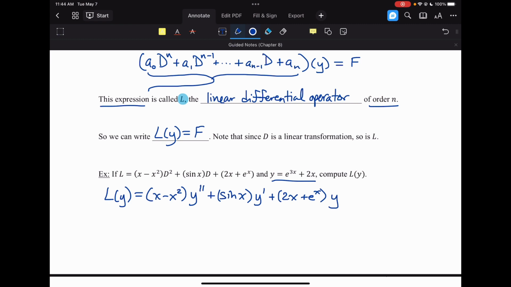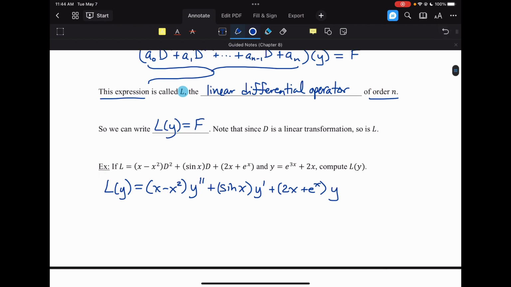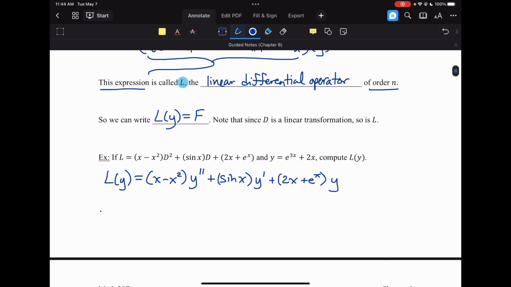And we know what y is, so we can go ahead and substitute y into here, take its derivative here, take its second derivative there. So we're going to get L of y equals, that's x minus x squared. The first derivative of this would be 3e to the 3x plus 2.